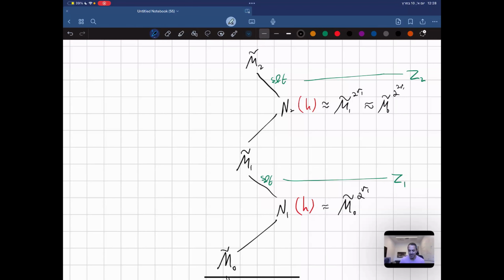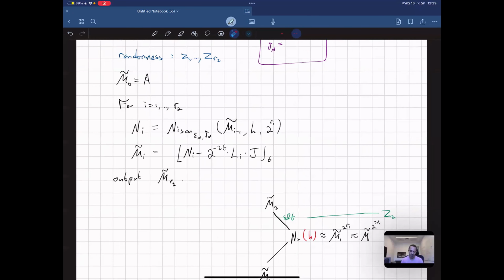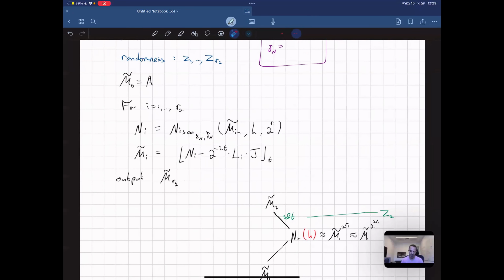And we want to analyze that. At the end of the day, what you want to do is to compare this, or if you had an I here or R2 here at the end, to the corresponding power of A, right? But even without these H's, it's not the right thing to do.